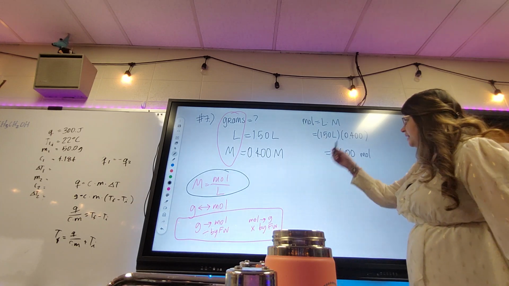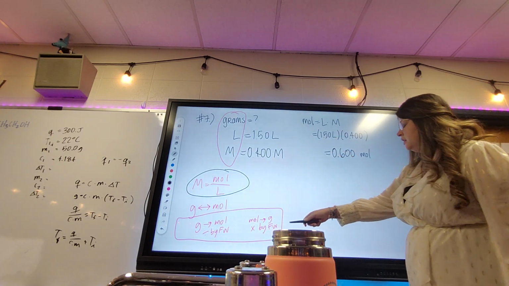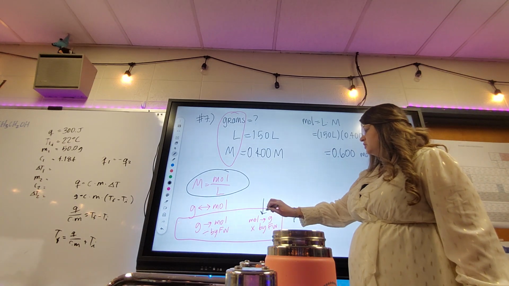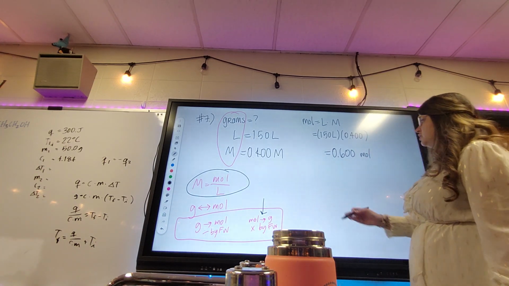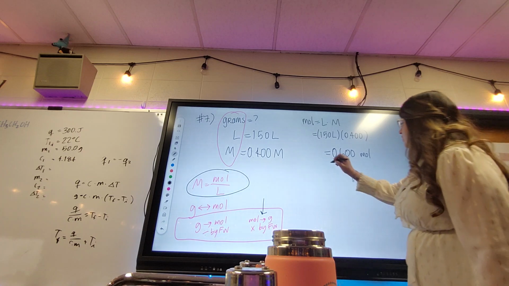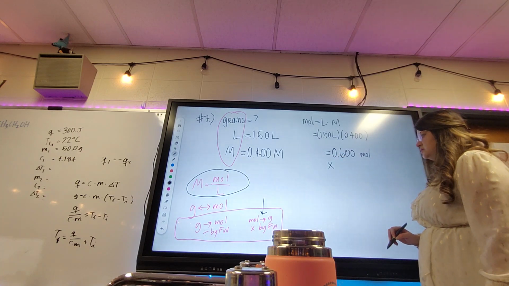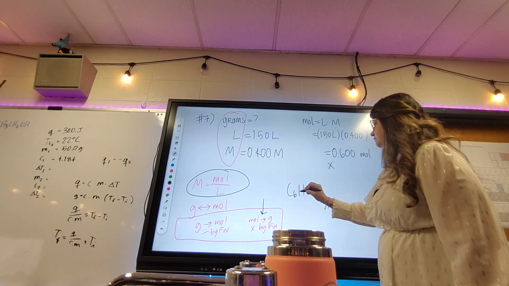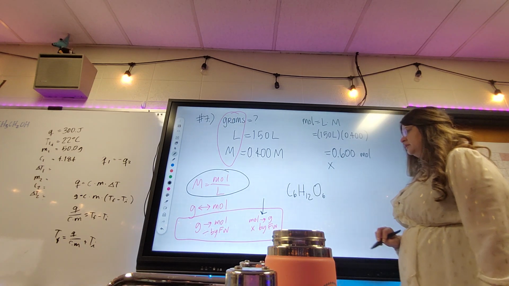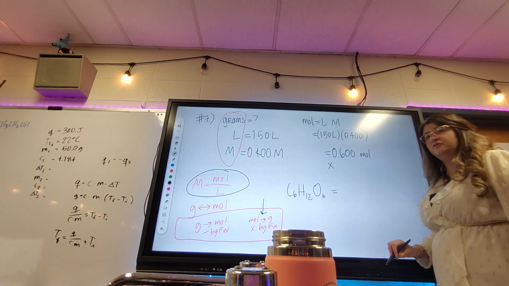Okay, so then I'm going to go back to my purple sheet. My purple sheet is going to say to go from moles to grams, multiply by the formula weight. Okay, great. But what's the formula? So you're going to need to calculate the formula weight for that.